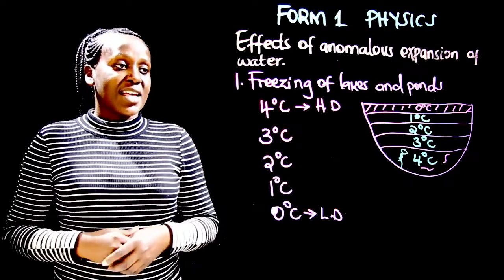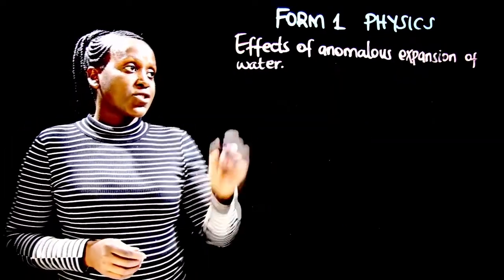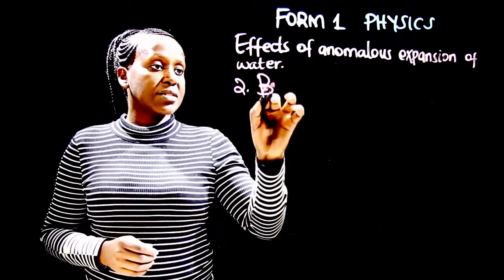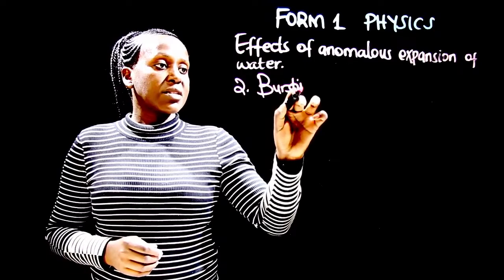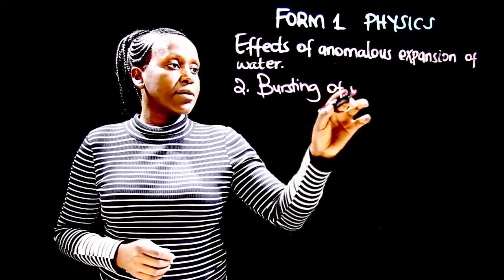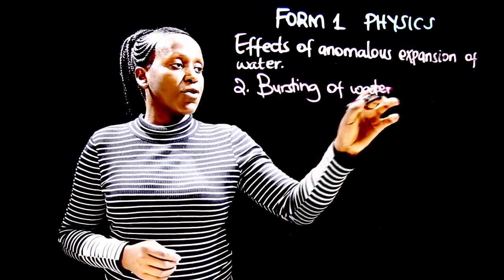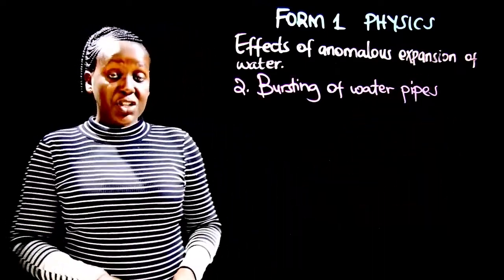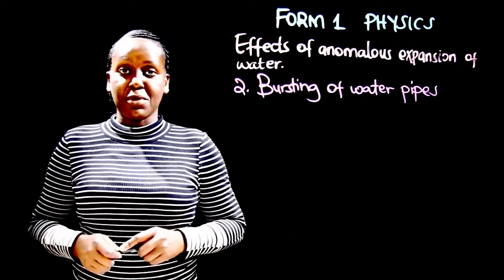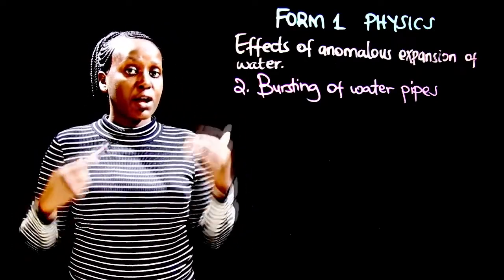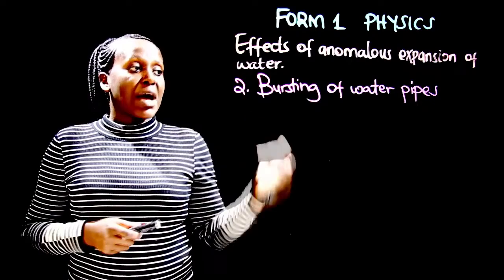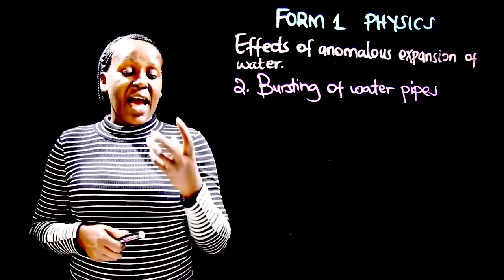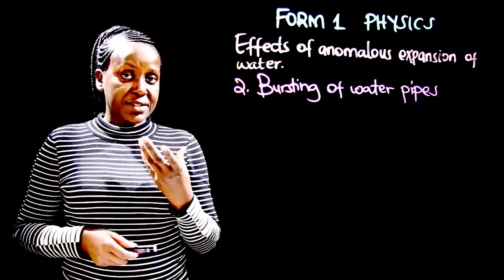So let us look at another effect. Now the second effect of anomalous expansion of water is that it causes bursting of water pipes. Okay, bursting of water pipes. Now again, this happens in regions that experience winter because when temperatures are very low and we have pipes that are transporting water from one place to the other, that water is likely to freeze.